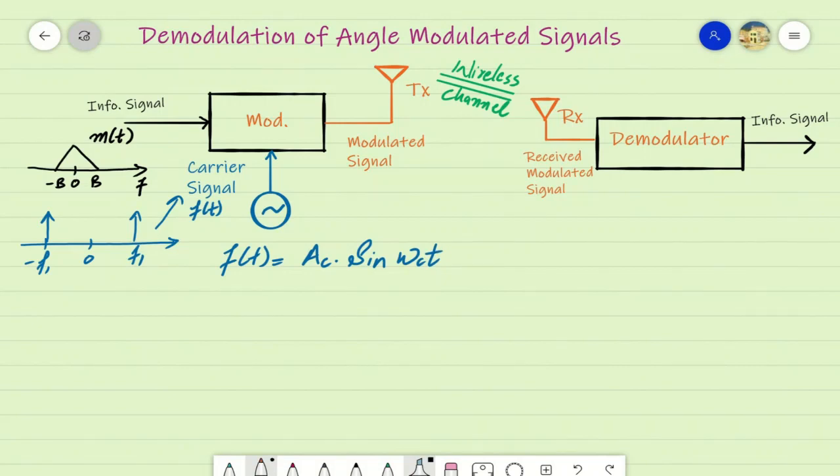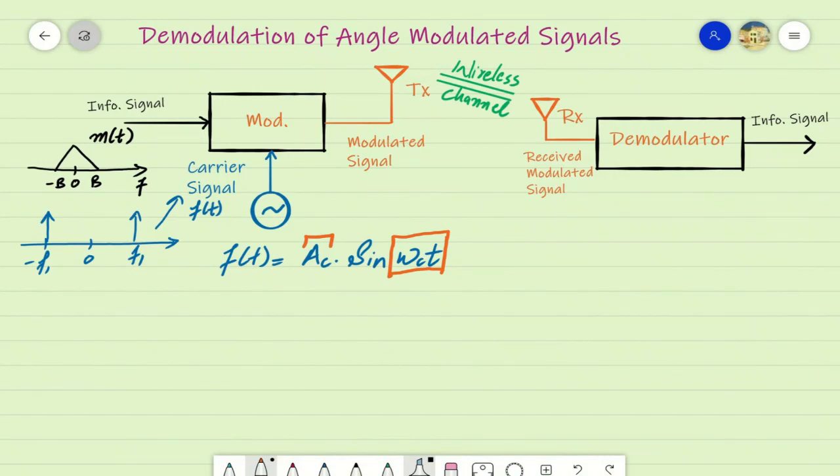Information can be represented over this carrier signal in terms of its peak amplitudes, which we studied, or by introducing changes with respect to the information signal in the instantaneous phase or frequency of the carrier signal. Modulation schemes where information is represented over the instantaneous phase of the carrier signal are referred to as angle modulation schemes.